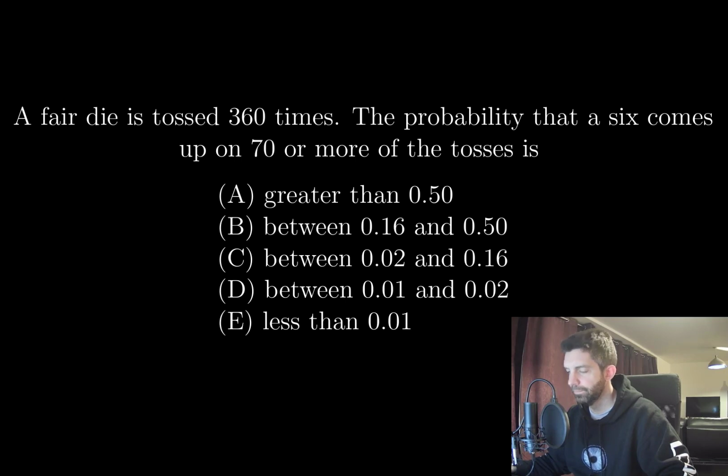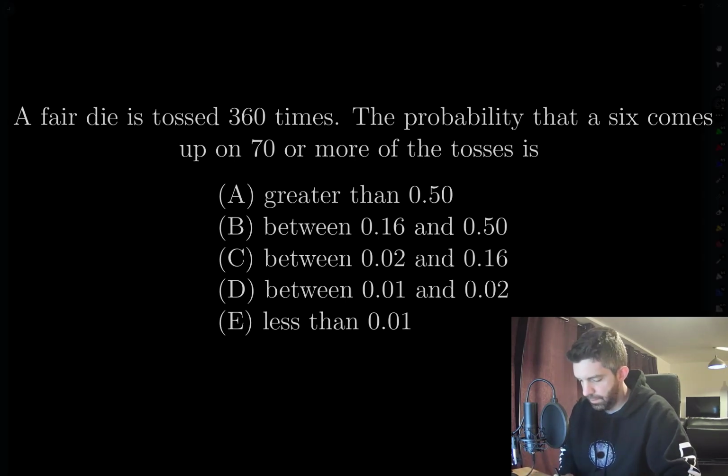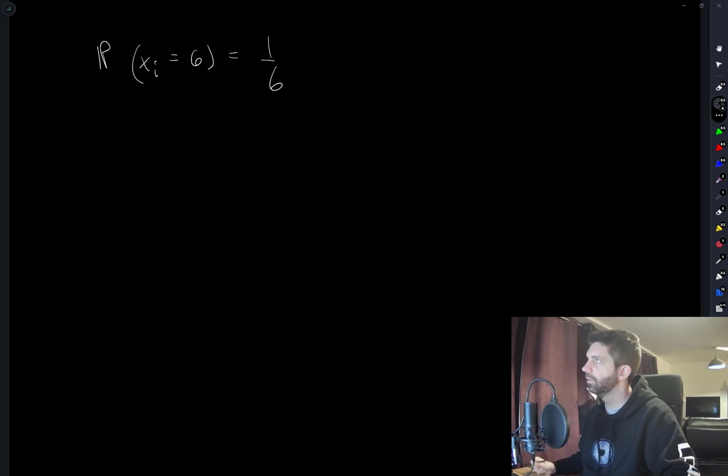So obviously the probability that a single roll is equal to 6 is 1 in 6.